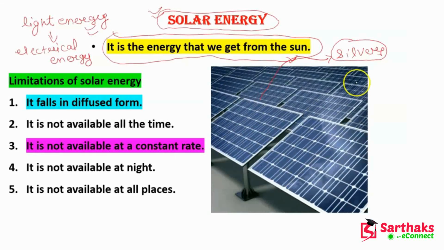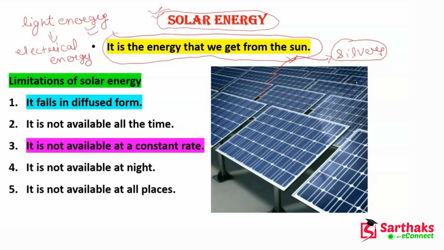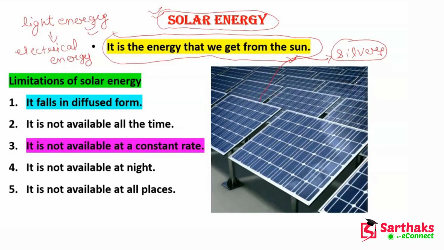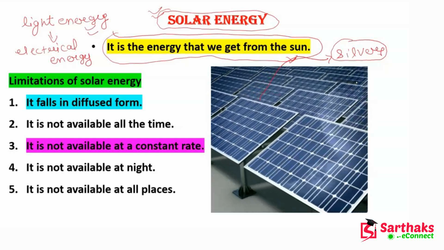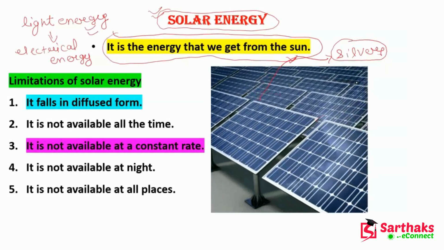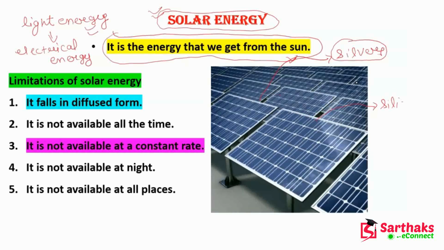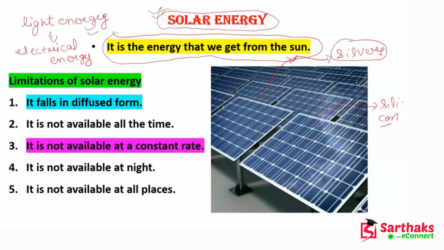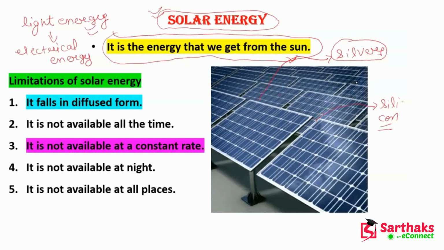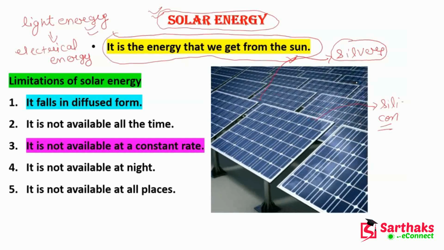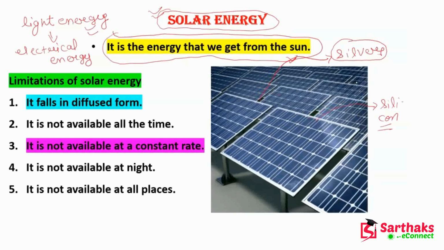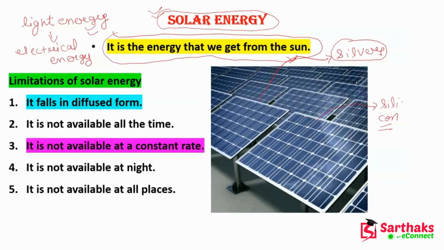We use silver for the connections and we also use silicon, and this silicon is also very expensive. It is very costly. Silver is used for connections and silicon is used in the solar cells.